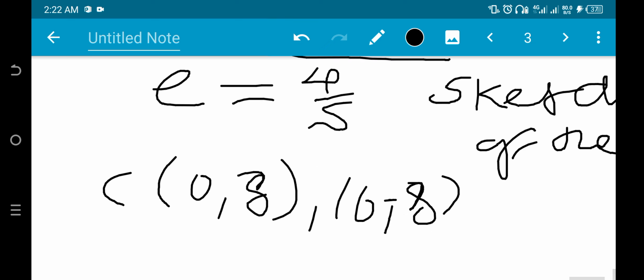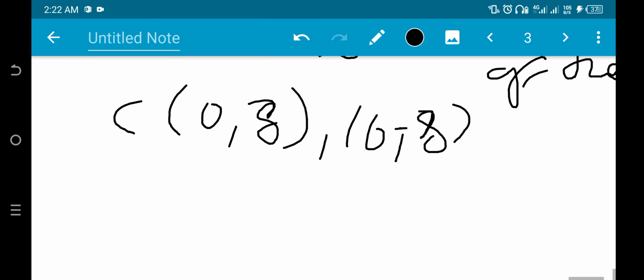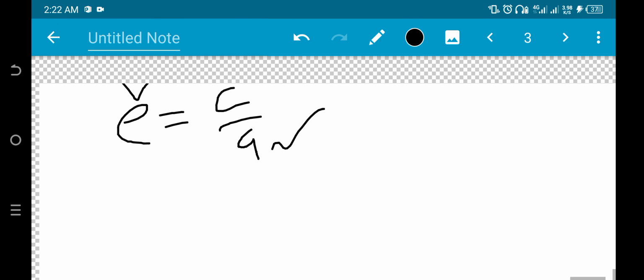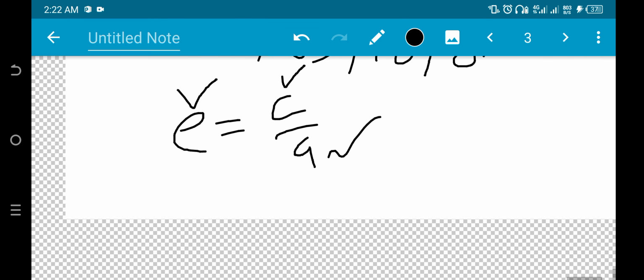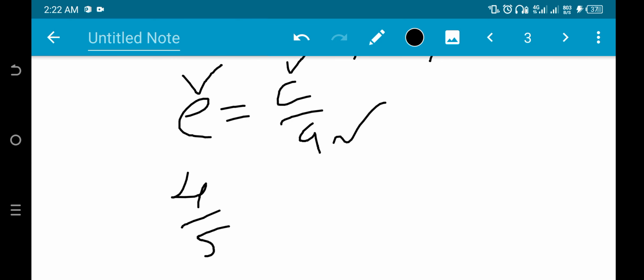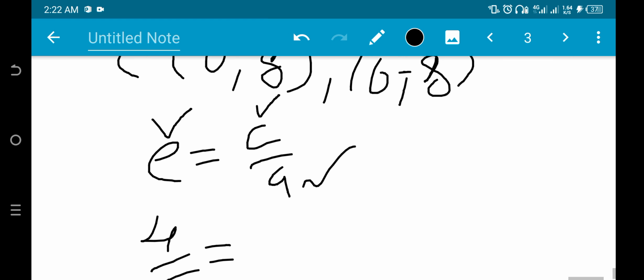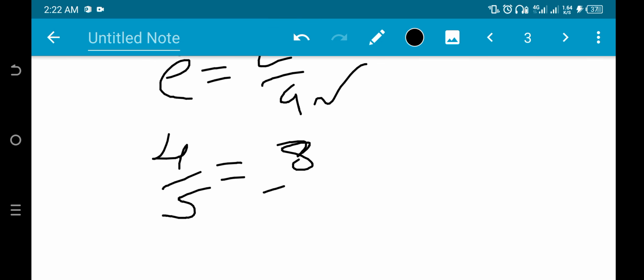Then we are given the eccentricity. Now what is e? e is equal to c over a. So we are given this and this, we can find this. This is how powerful this is. So what was our e? Our e was 4 over 5 equal to, what was our c? Our c was equal to 8 divided by a.